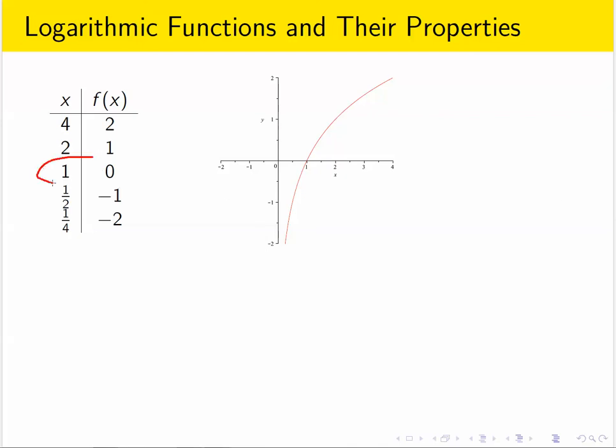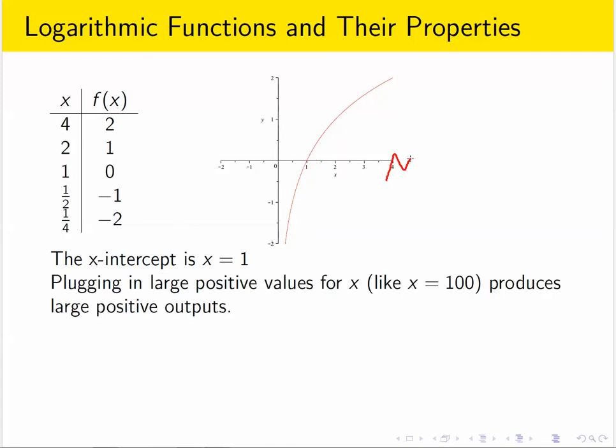For example, if we see the point with x coordinate 1, y coordinate 0, that's right here, this intercept. And the point with x coordinate 2, y equals 1, that's right here. Now, let's observe some things about the graph here. The x-intercept is 1.